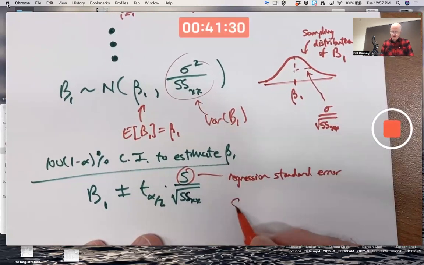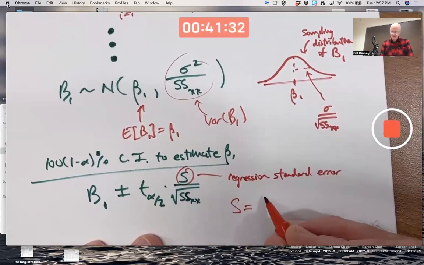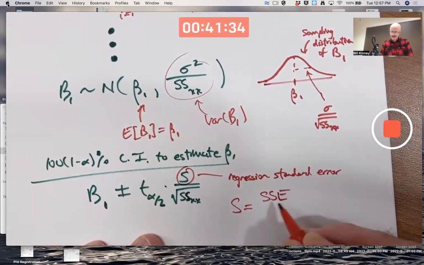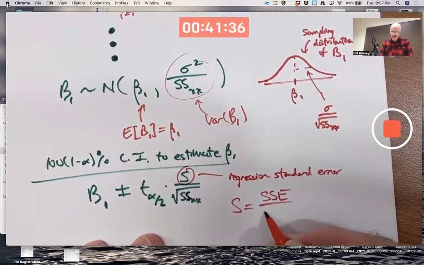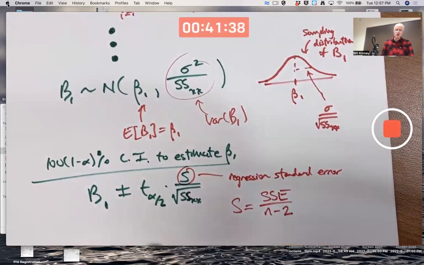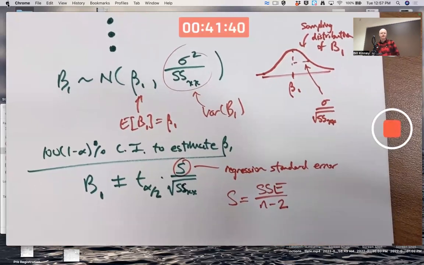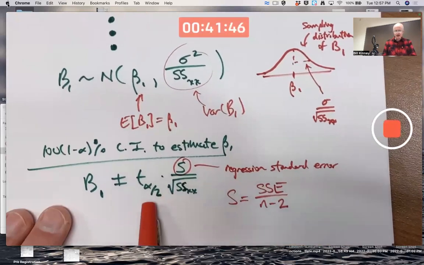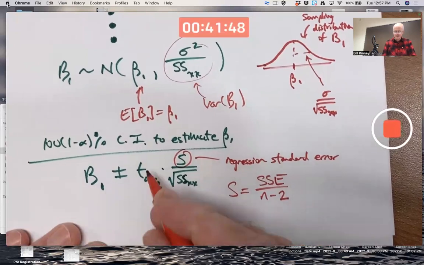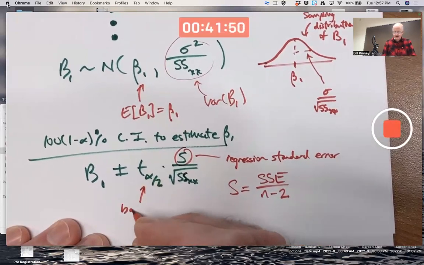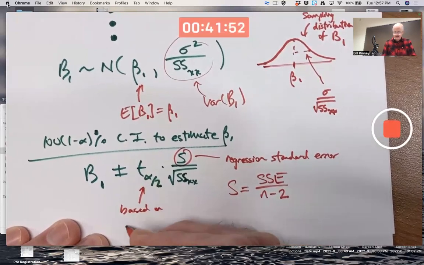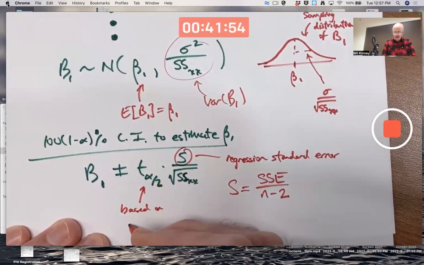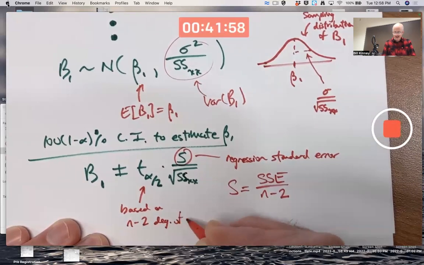Its formula is the square root of SSE divided by n minus 2, not n minus 1. And this critical t value is based on n minus 2 degrees of freedom, not n minus 1.